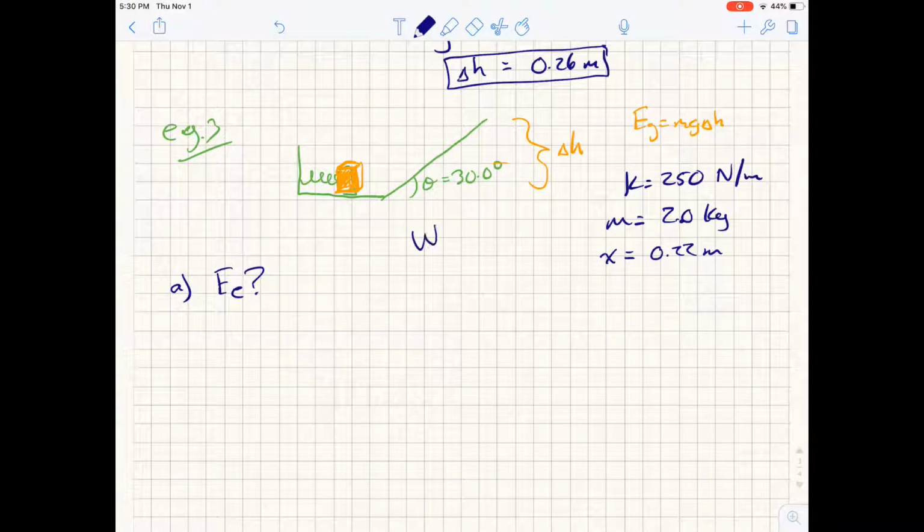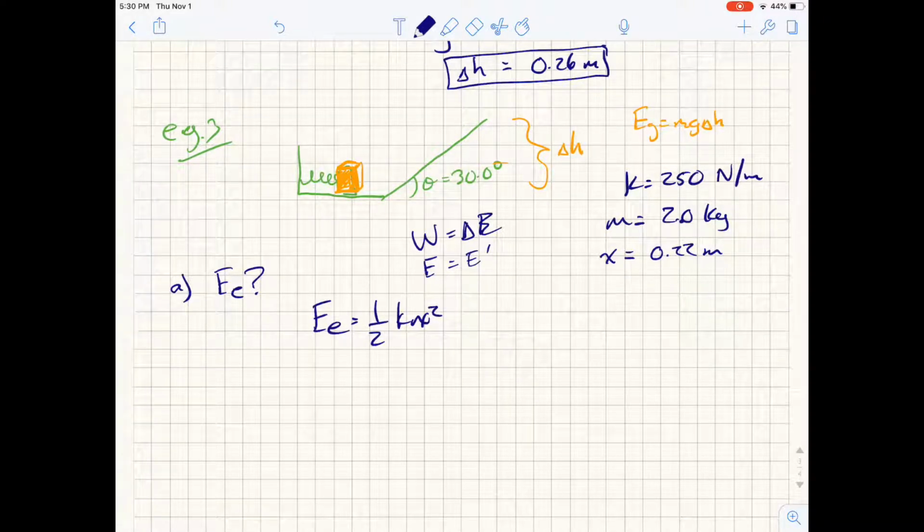So our master formulas, you should just write them out every time. That way they're in front of your face when you want to use them. And EE, you should use your formula sheet for, is 1/2 kx squared. So we plug in these numbers, 1/2, our K value, 250 newtons per meter, and the X is 0.22.